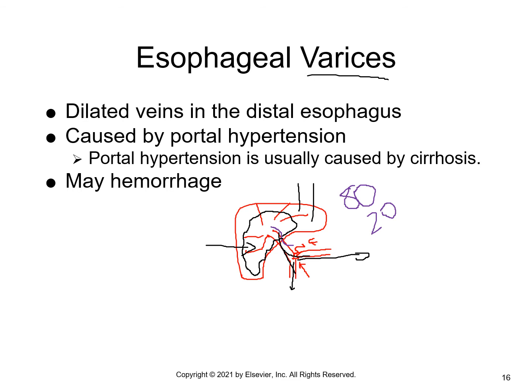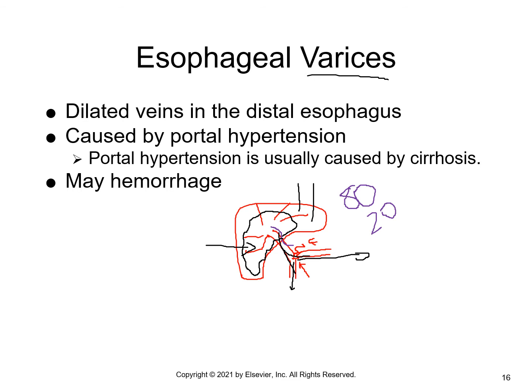So with some of our patients that come in with esophageal varices, they might be vomiting up blood. Usually this is going to be a sign of a very late stage portal hypertension due to cirrhosis. And there's no cure for cirrhosis.